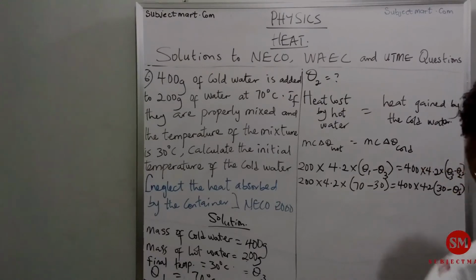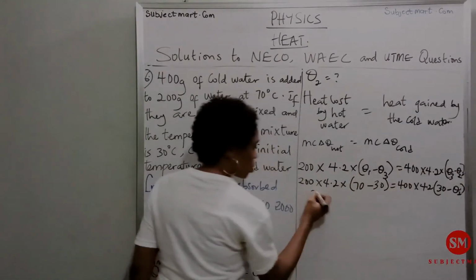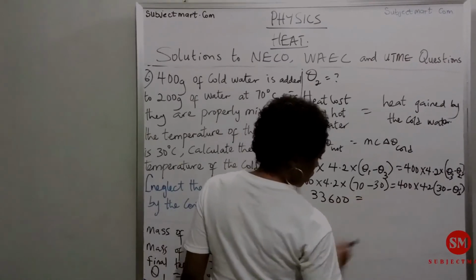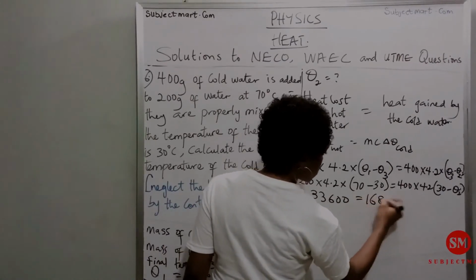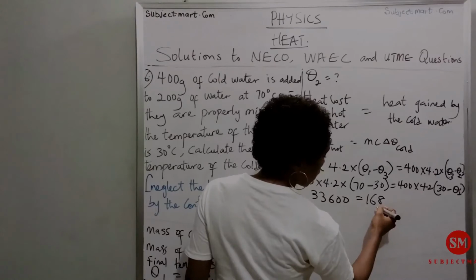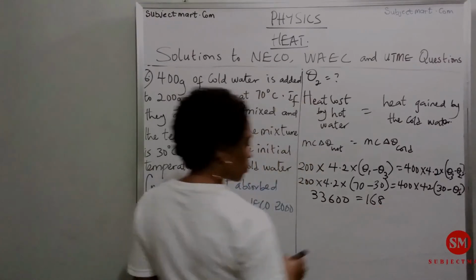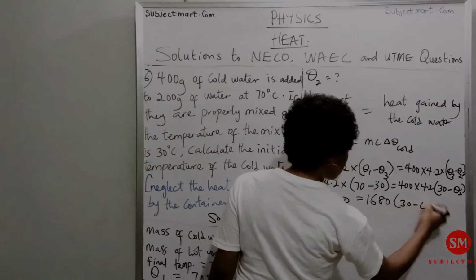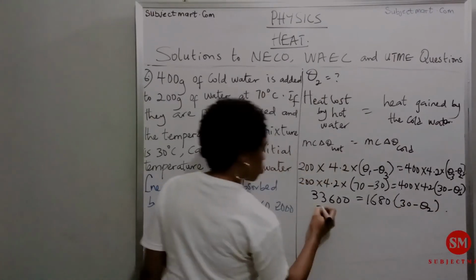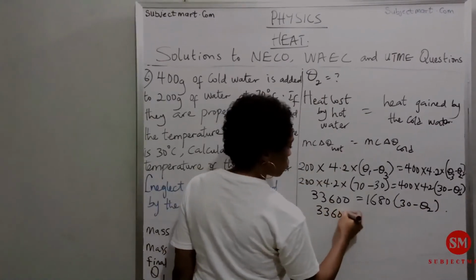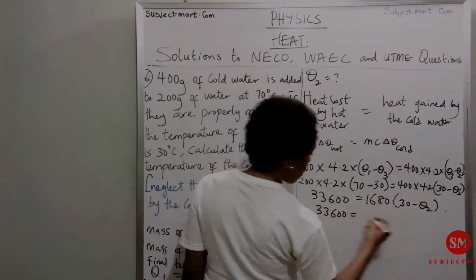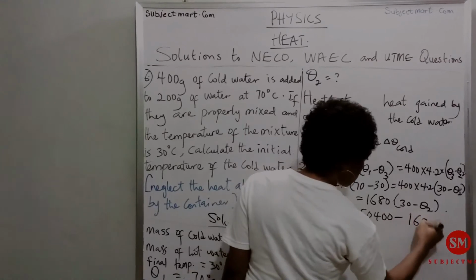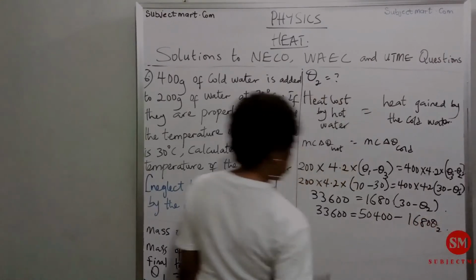So if we multiply the whole of this, it will give me 33,600. And this will give me 1,680 into bracket 30 minus theta 2. So I have 33,600 is equal to this multiplied by this will give me 50,400 minus 1,680 theta 2.